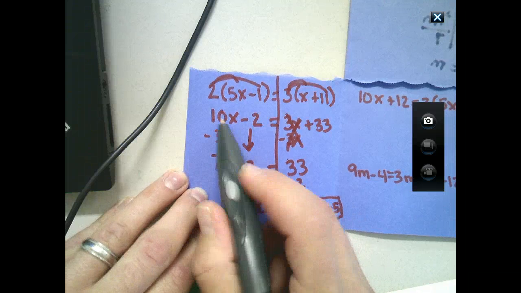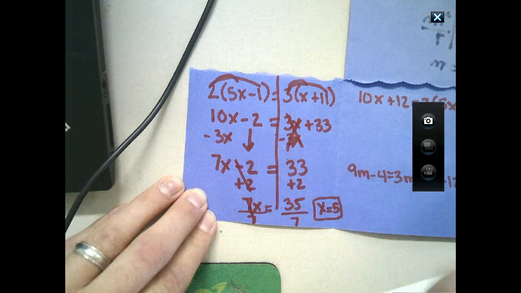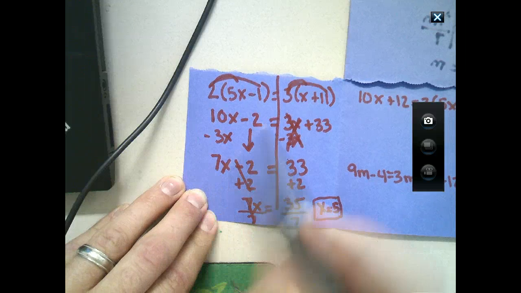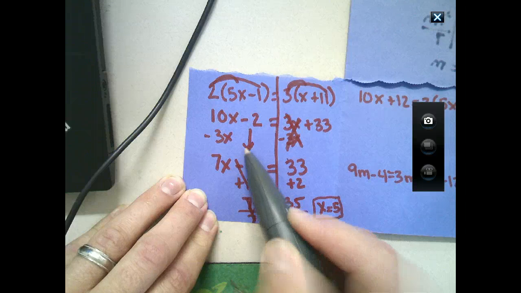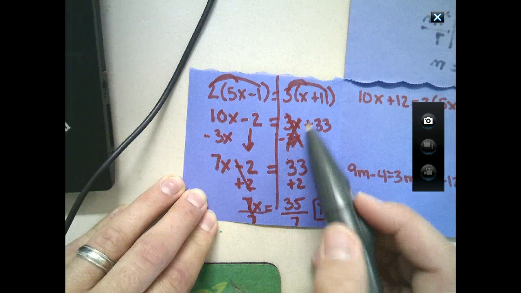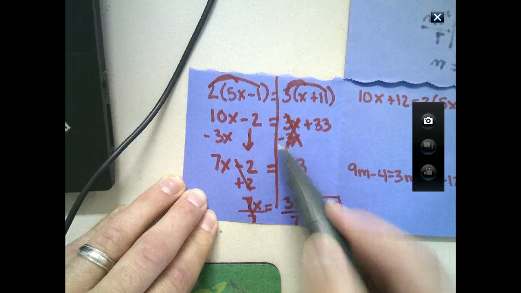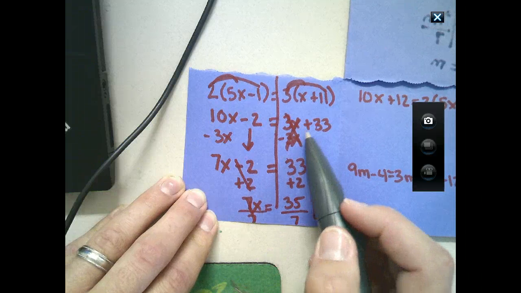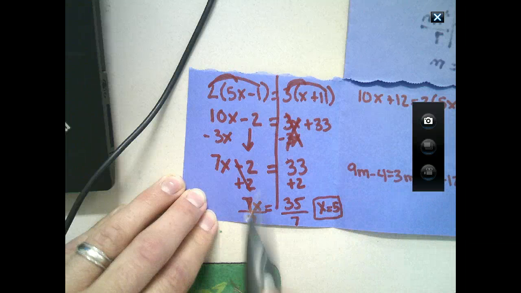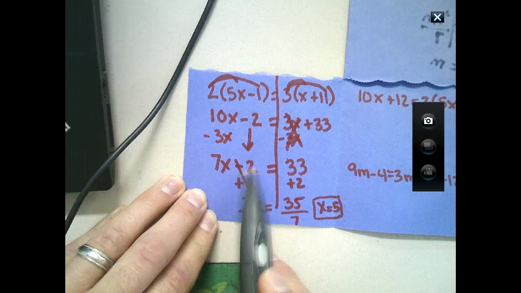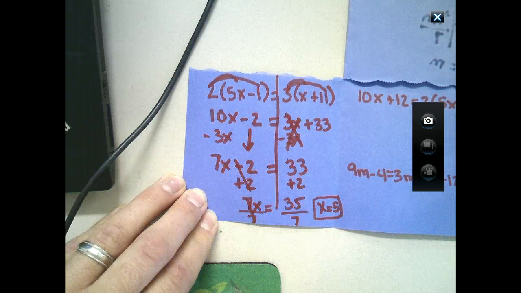And that's going to give me 10x minus 3x is 7x. I didn't do anything to this minus 2, just bring it down. Equals 3x minus 3x, that's gone. The only thing left is a positive 33. So I'm left with 7x minus 2 equals 33.